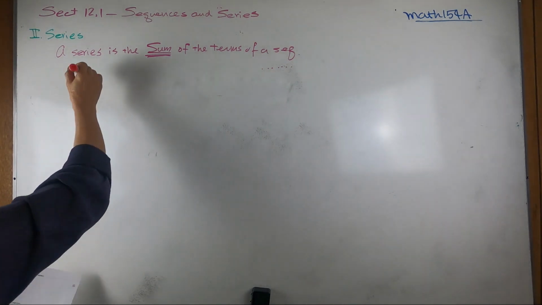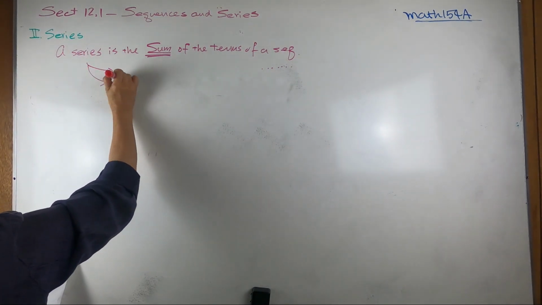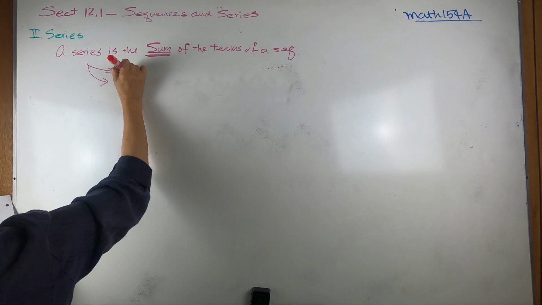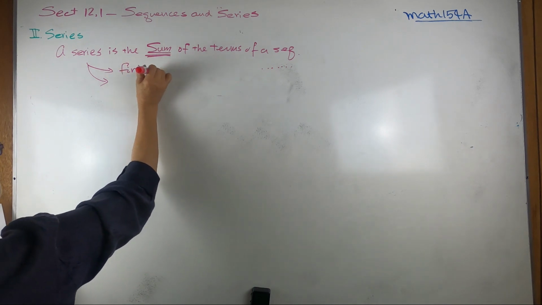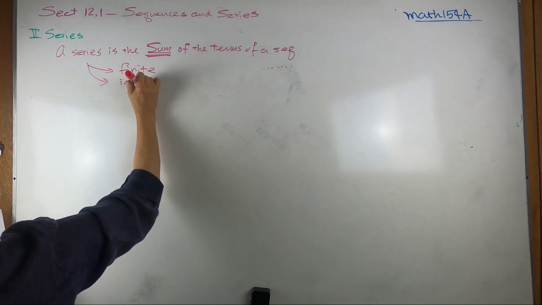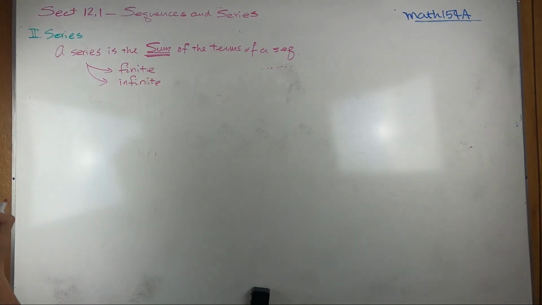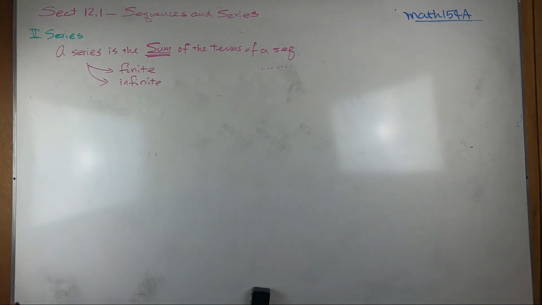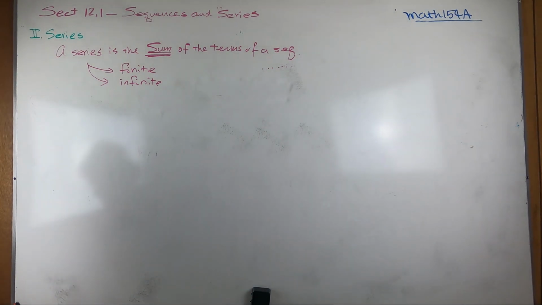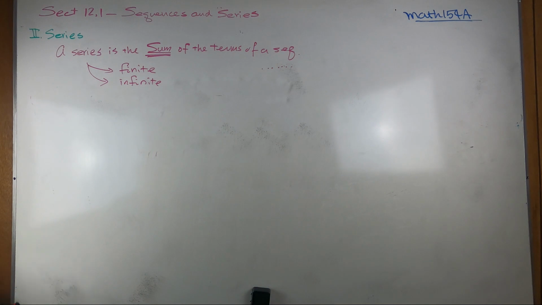A series might be finite or infinite, because you can have a finite sequence or an infinite sequence. Same thing for the series. If you add together infinite events, then that will be an infinite series, or a finite series.